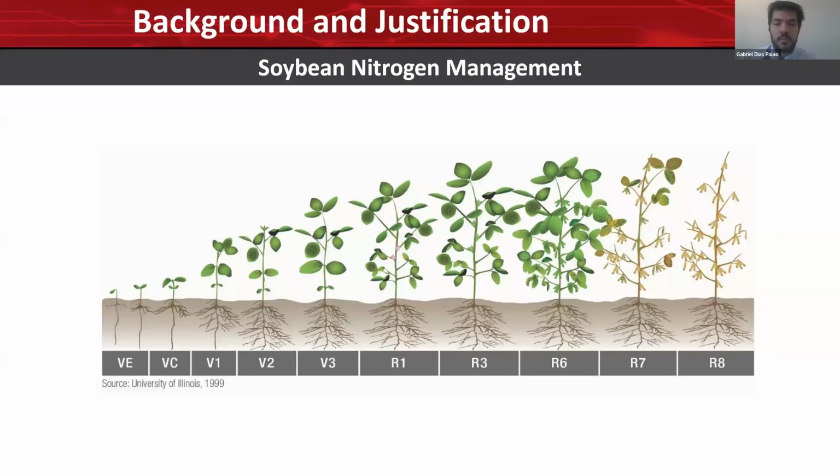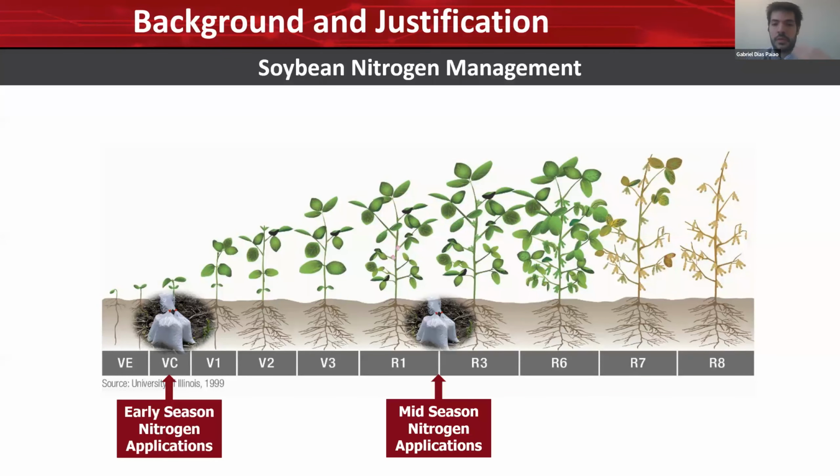While nitrogen applications are not common for soybean production, there are also reports that nitrogen fertilizer application under certain conditions, when the environment for biological nitrogen fixation is not favorable, there may be yield improvements with nitrogen application for soybean production.